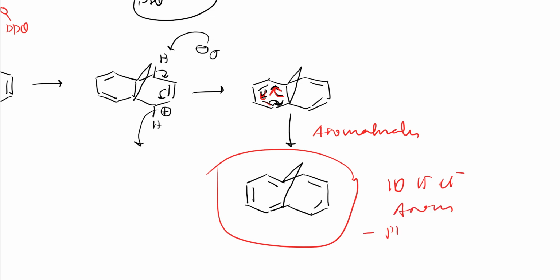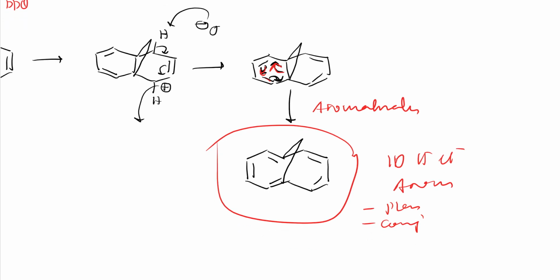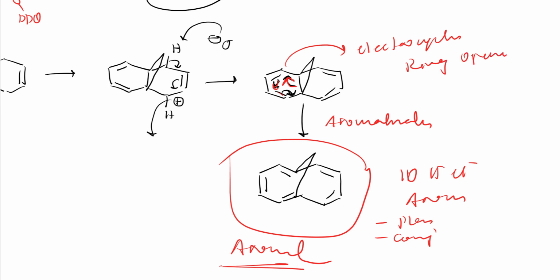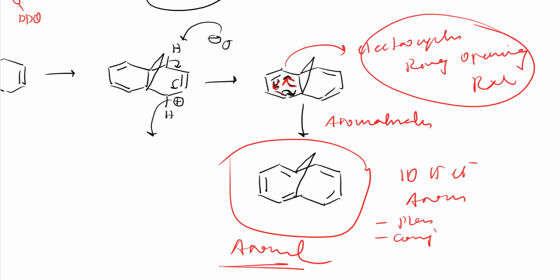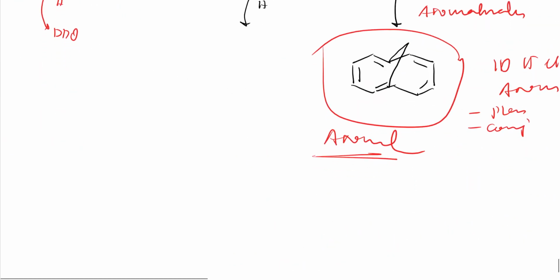It is planar, conjugation is there, and also Huckel's rule it is following, right? So aromatization is the driving force for this ring opening, electrophilic ring opening; we can call it electrocyclic ring opening reaction. Electrocyclic ring opening reaction of this we study in pericyclic, right? So this is how reaction happens.